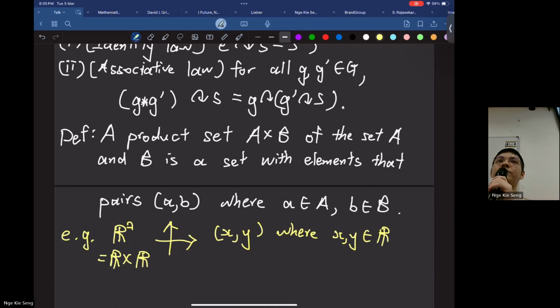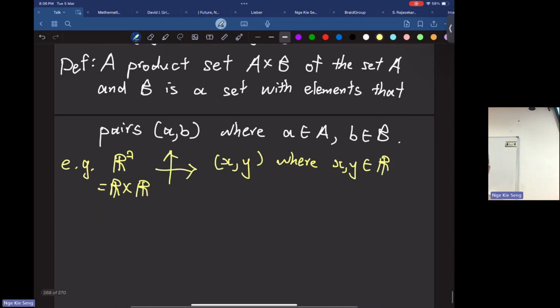Does it make sense? Yeah. It's nothing, it's just take one element from the first set and then take the element from the second set. It's a new set. If you want to think of it as an operation of sets, I think you can take two sets and then produce another set. Is everyone okay with it now?